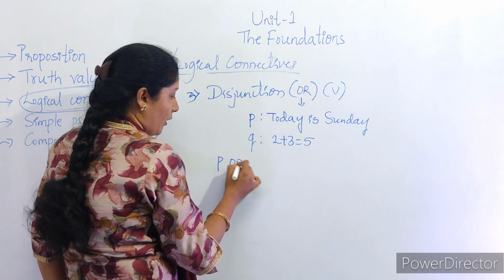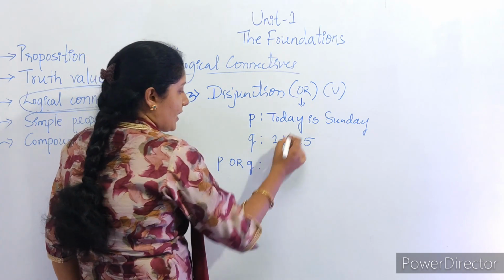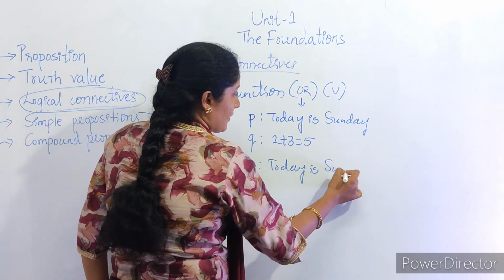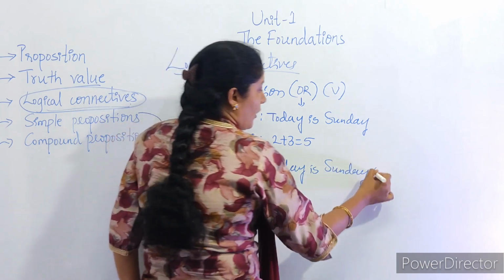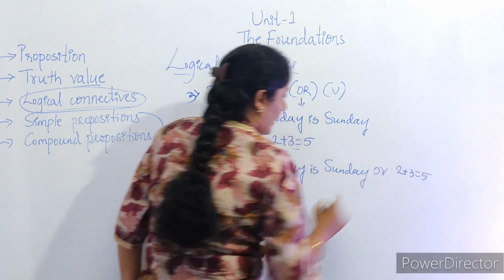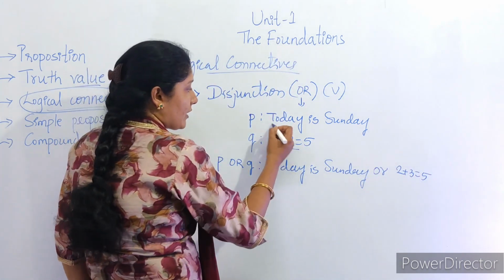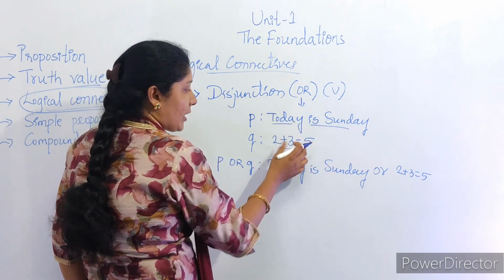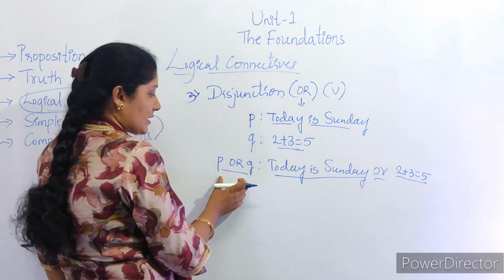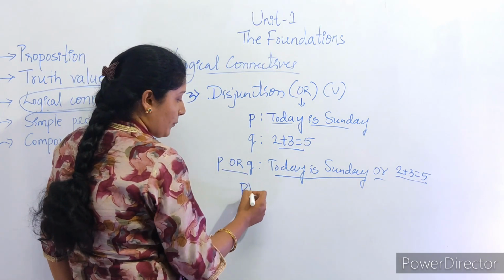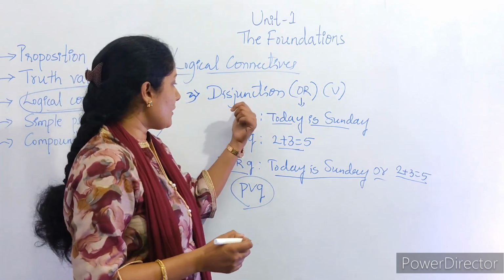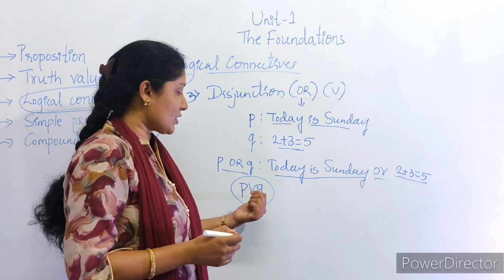P or Q is: today is Sunday or 2 plus 3 is equal to 5. So here I have taken two propositions and I have combined these two using the word or. So symbolically it should be written as P or Q. In general, we can call it P disjunction Q.